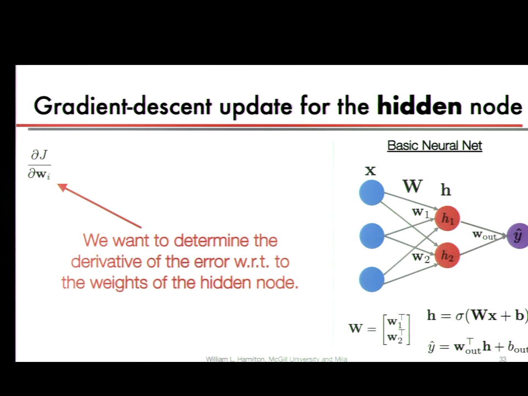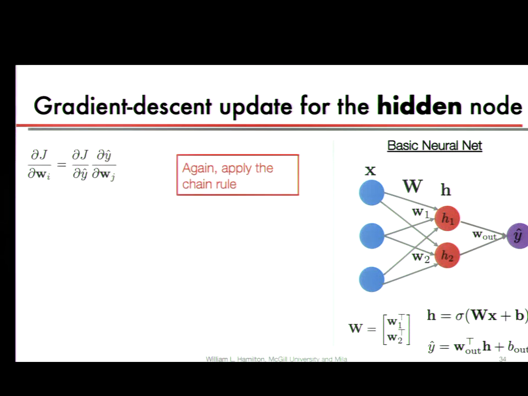But now, what if we want to calculate the derivative of our weight vectors at one of our hidden nodes, something that's actually inside of our network? It was easy at the final node. It was basically just like linear regression. But what if we want to determine the derivative of the error with respect to the weights of the hidden node? Well, again, we're going to apply the chain rule.